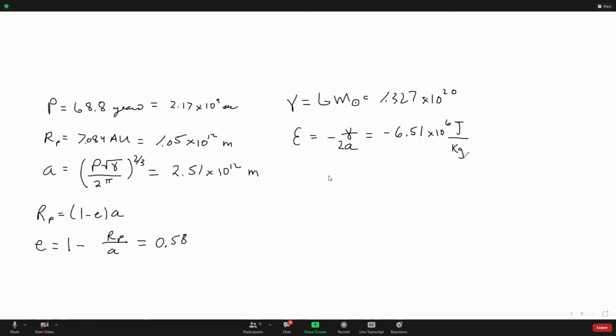Notice that we have no way of determining the mass of this comet. The mass of the comet doesn't appear anywhere in these formulae, does it? A body can be on this orbit and have any mass.